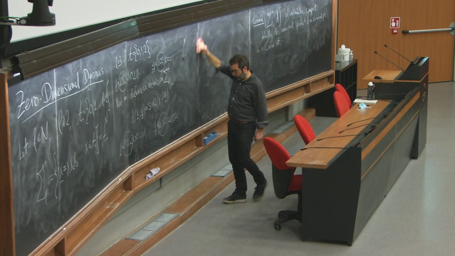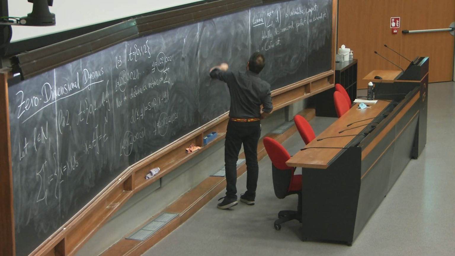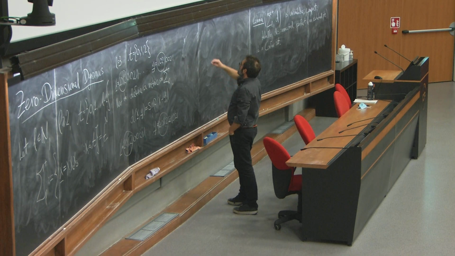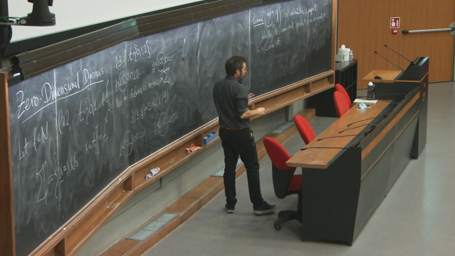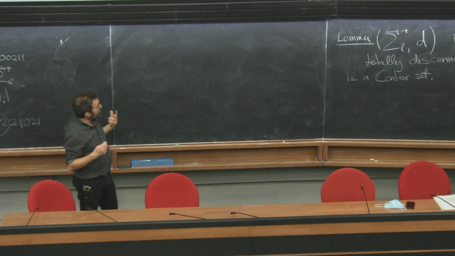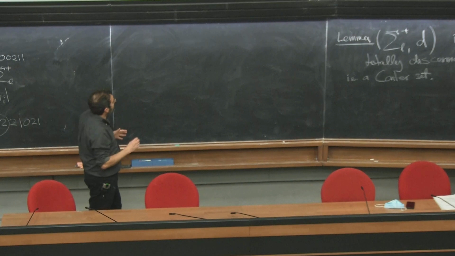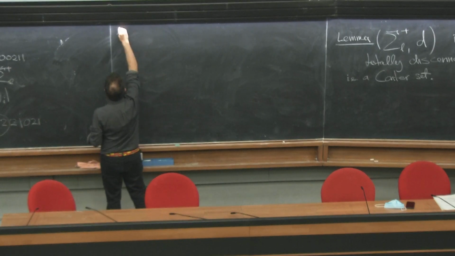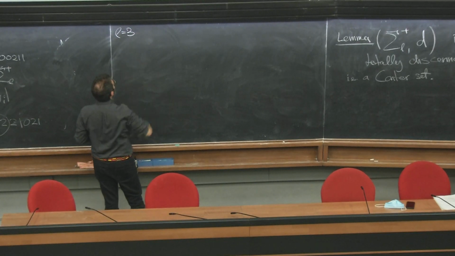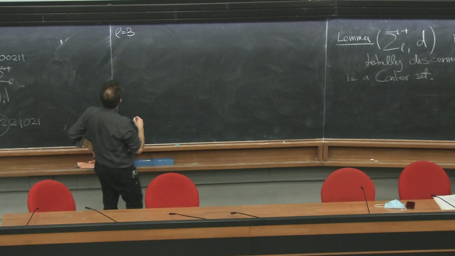So for the sake of explaining these ideas, let me choose a specific value of L because it's a bit easier, but you will see clearly the definitions work easily for every L. So let me choose L equals 3, just so that it's not 2 and it's not much bigger.